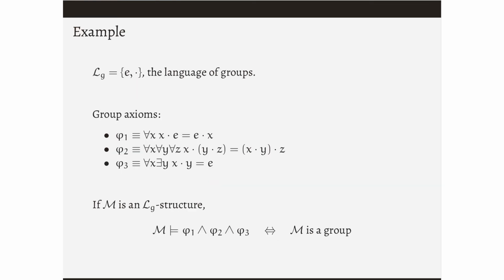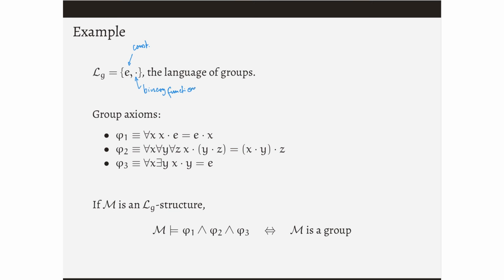And we finish this lecture with a simple example. Let this be the language of groups. Remember, this was one constant symbol intended to represent the neutral element, and we have a binary function right here.